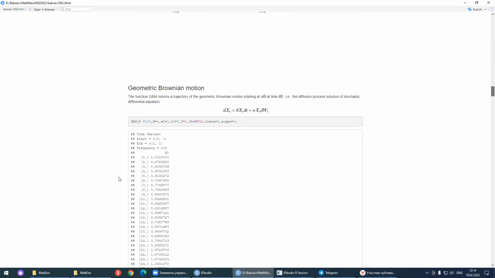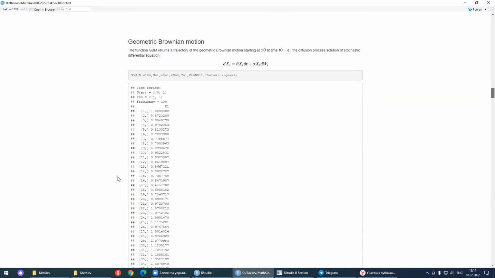The next one, geometric Brown motion. The GBM function returns the trajectory of the geometric Brown motion starting at x0 at time t0, and the diffusion process is the solution of the next stochastic differential equation.